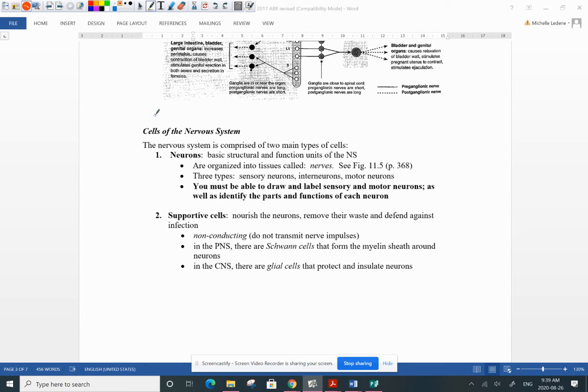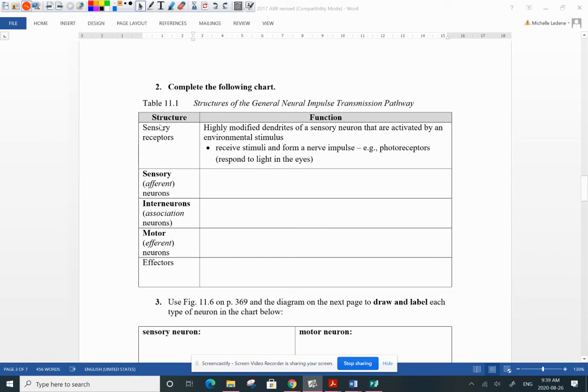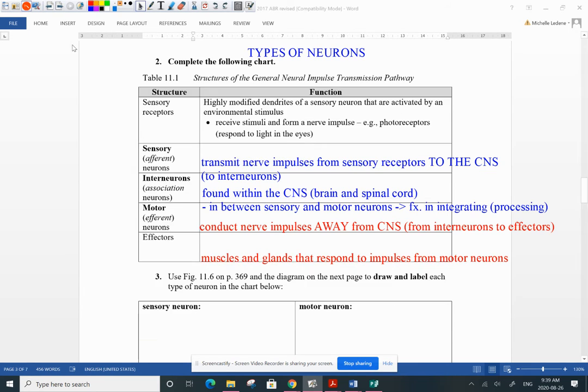So on our next page, this is from table 11.1 in your textbook, and it goes through the different types of neurons that you have to have memorized. The different types include the sensory receptors that are going to be stimulated by something in the environment.